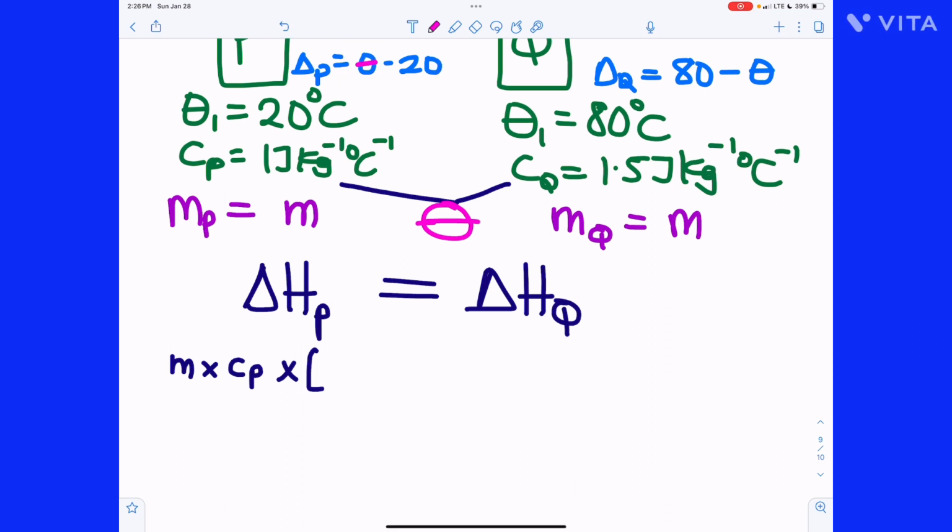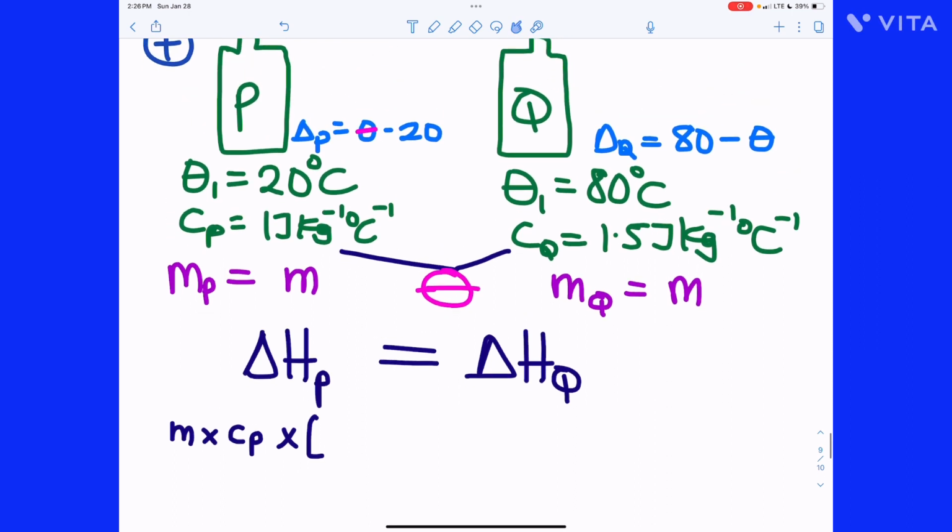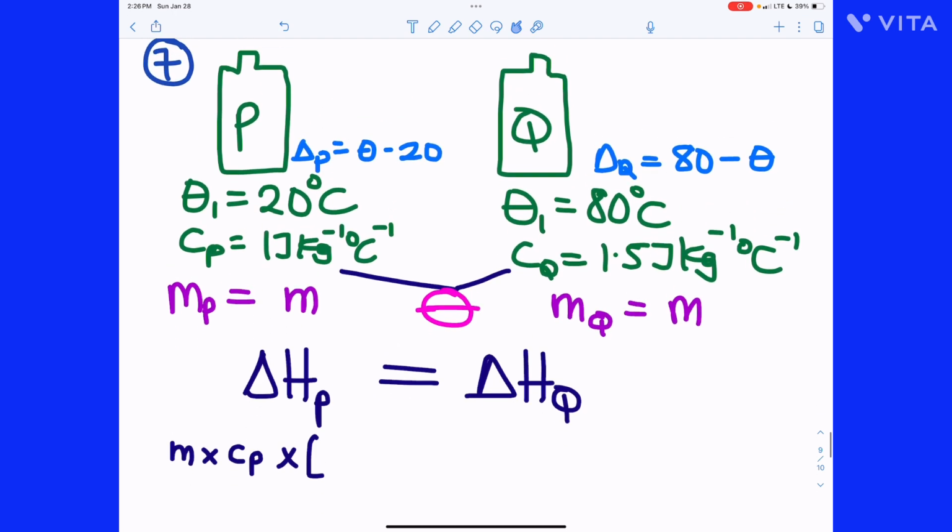But in Q, the temperature will have to decrease from 80 to this theta. So we are supposed to do 80 minus theta. So let me put that here straight. Theta minus 20.